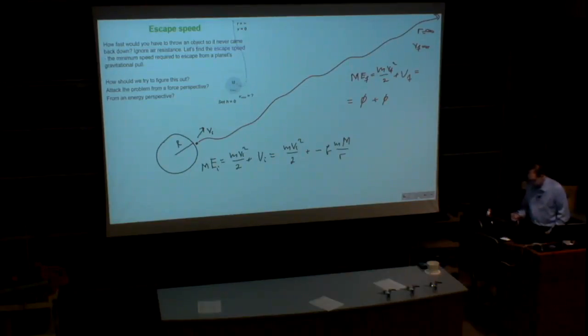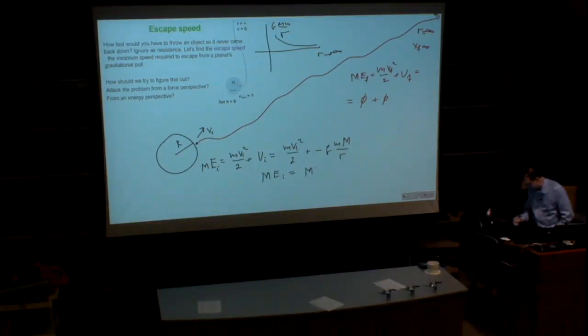And we can see this expression, G m little m over r, should go to 0 eventually when the radius increases. Eventually, potential energy reaches 0. Why? Because we chose potential energy at infinity to be 0. Now we say no friction, of course, so mechanical energy before and after is conserved.